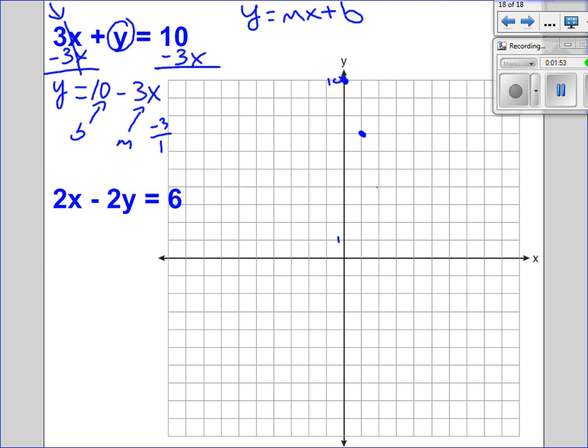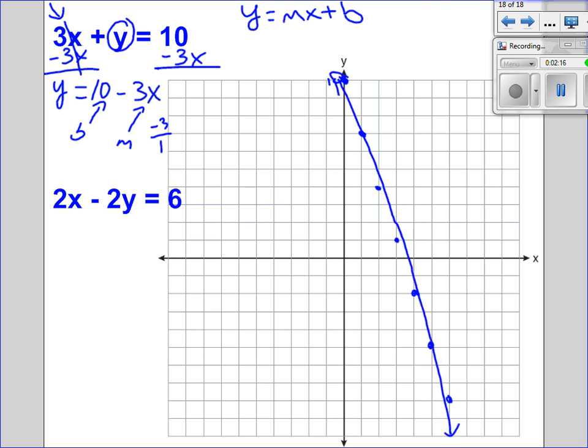Down 3 over 1. Down 3 over 1. At this point, if you're on paper, you have a ruler. You can just use your ruler to extend the line across the entire graph. I do not, so I am going to do my best to just draw a straight line here. That's going to be as close as I'm going to get.